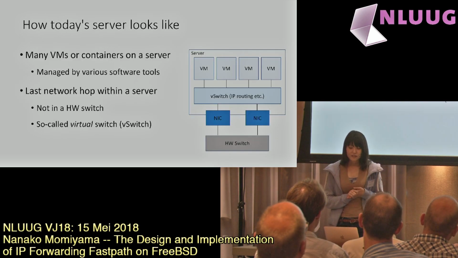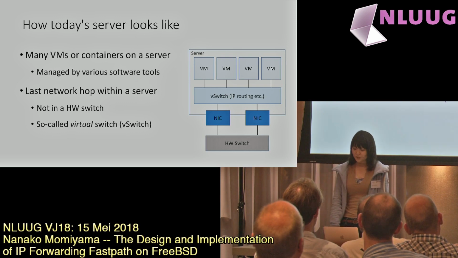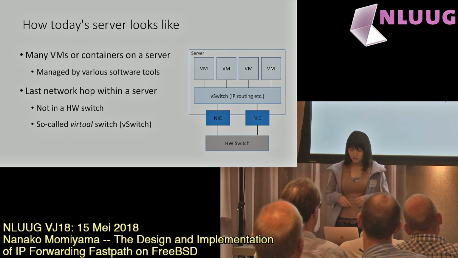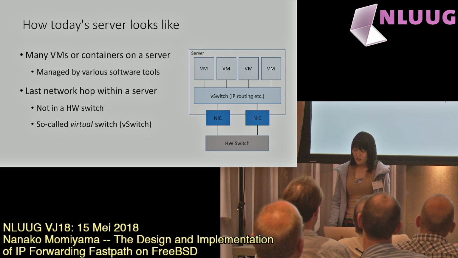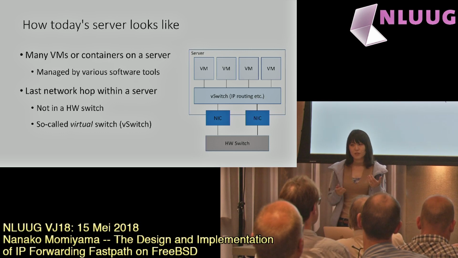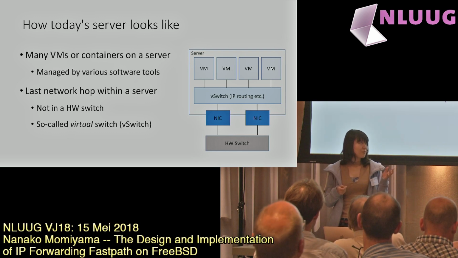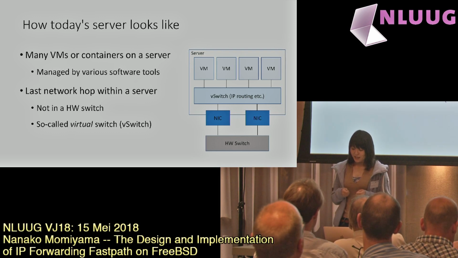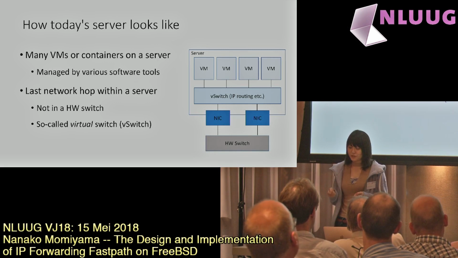So I'd like to start by explaining the background and the motivation of this talk. This picture shows how today's server looks. There are many VMs or containers on a physical server, and there are multiple NICs. These virtual machines or containers are usually deployed and managed by various software tools.